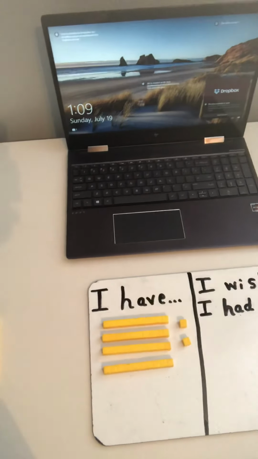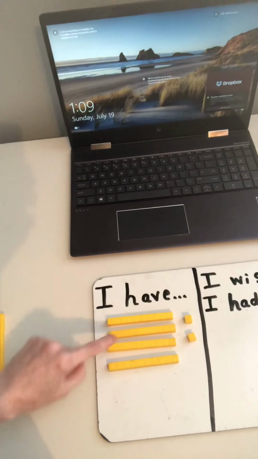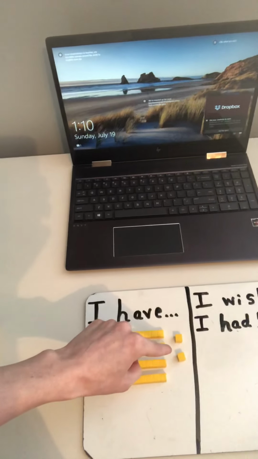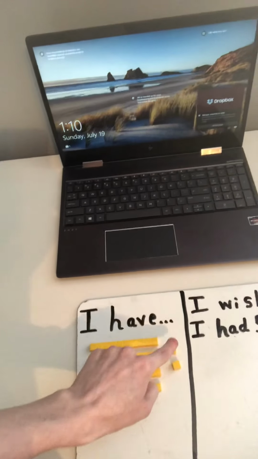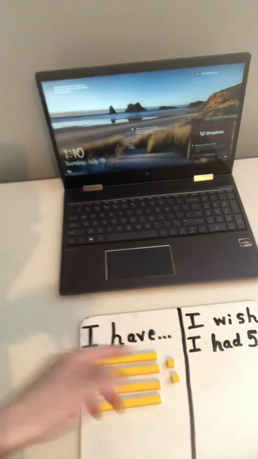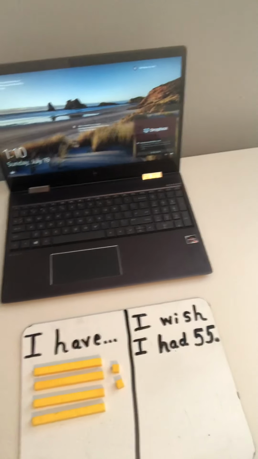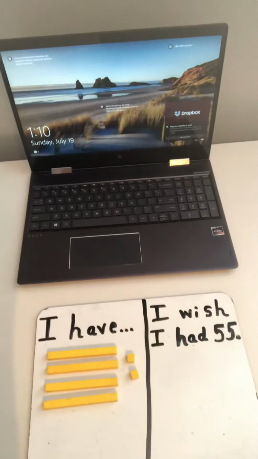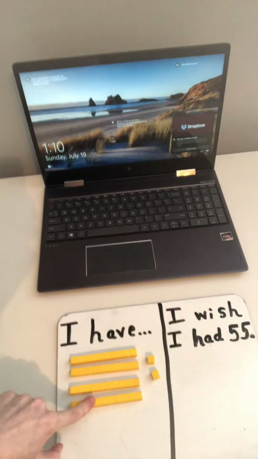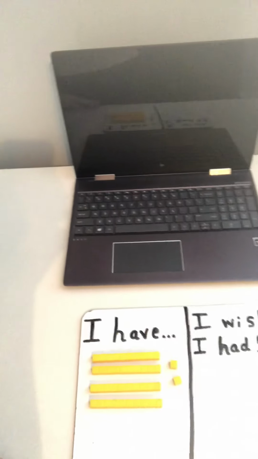Now we're going to do it together. 10, 20, and I'm counting by tens because these are tens rods. 30, 40, and then I quit counting by tens because these are our ones cubes. 41, 42. Now I have 42, but it says I wish I had 55. So how am I going to make 55? Let's see, 10, 20, 30, 40. One more tens rod would be what?